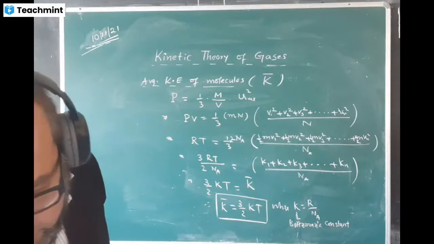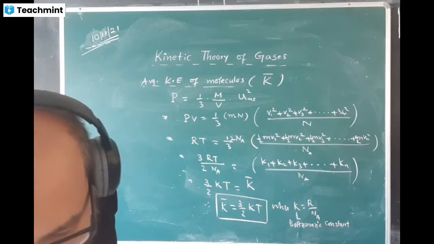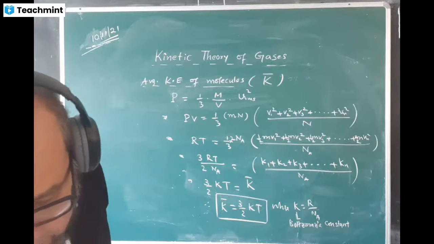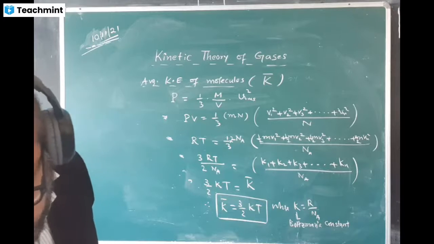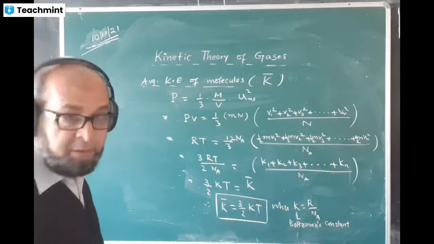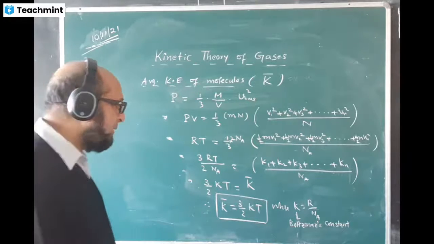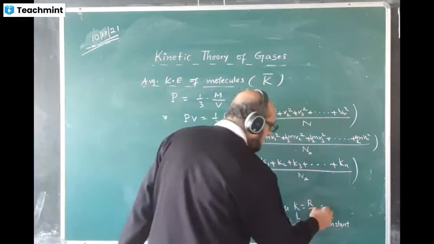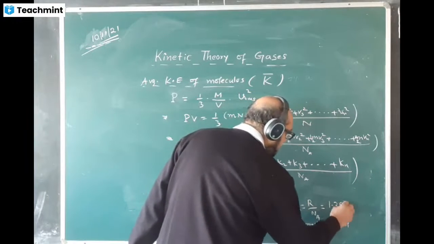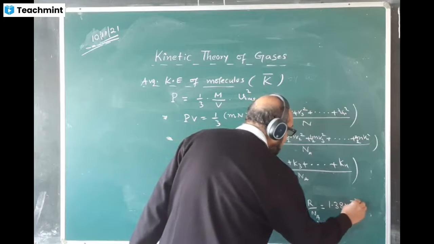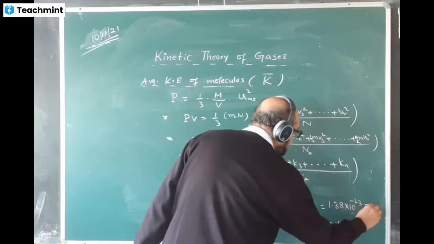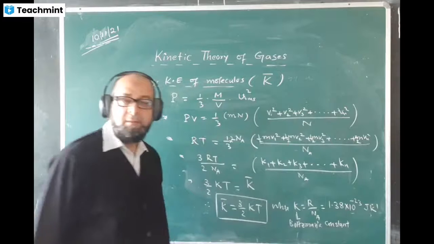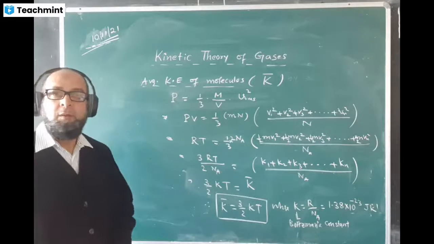How much is the value of Boltzmann constant? 1.38 into 10 to the power of minus 23 joule per Kelvin. This was the value.